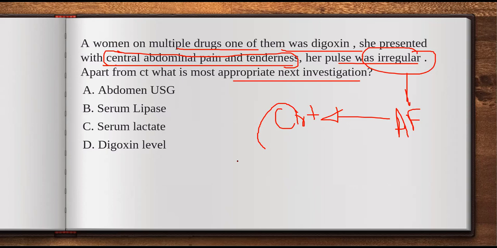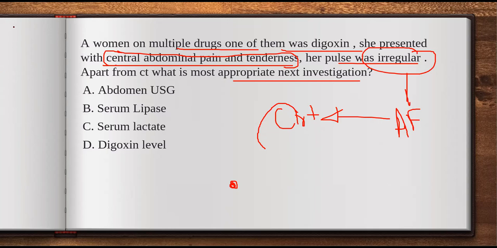It can block your mesenteric artery causing mesenteric ischemia. If there is mesenteric ischemia, the patient will present with central abdominal pain around the umbilicus. They can also present with per rectal bleeding. So for mesenteric ischemia, we normally do a CT angiogram to confirm the diagnosis.